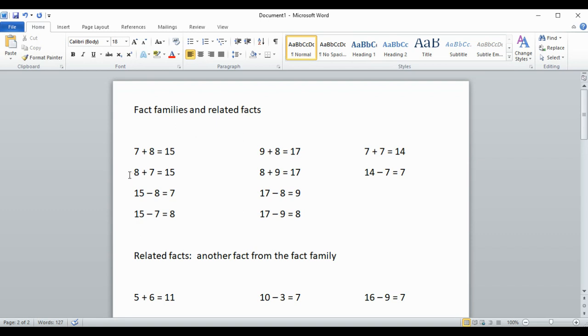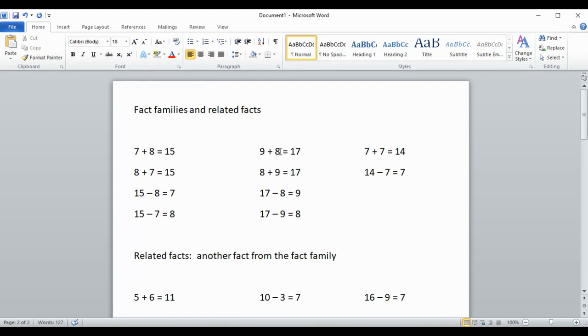So 7 plus 8 equals 15, 8 plus 7 equals 15, 15 minus 8 equals 7, and 15 minus 7 equals 8. That's why they're called fact families, because they have related facts.